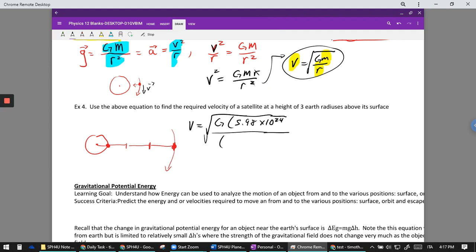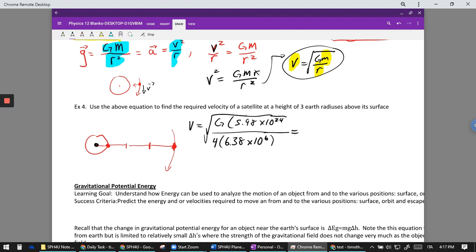And then this is the distance from the center of Earth. Don't forget this. So that's going to be 4 Earth radii here. And the radius of the Earth, again, is 6.38 times 10 to the 6th meters.